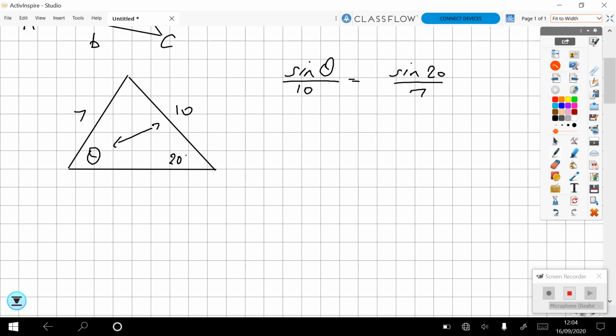I'm going to multiply through by 10, so that sine of theta equals 10 sine 20 over 7. Sine of theta therefore works out at, let's see, 10 sine 20 all over 7, 0.489.